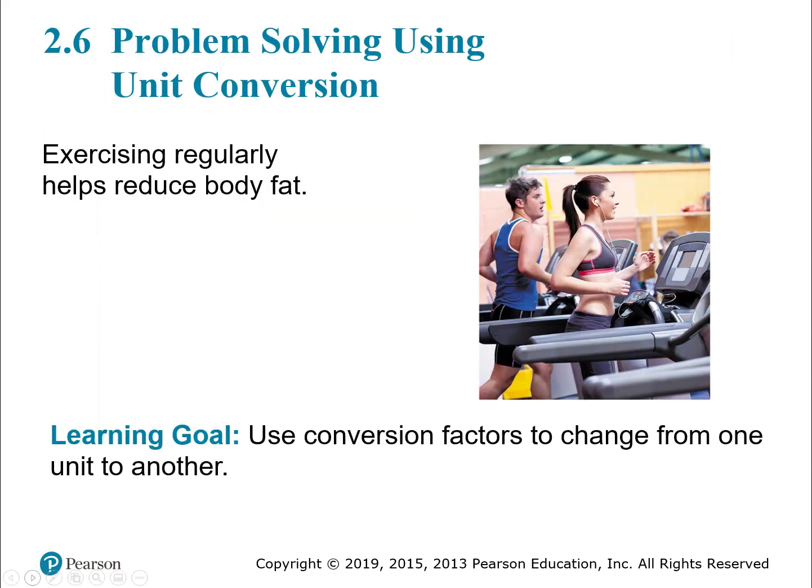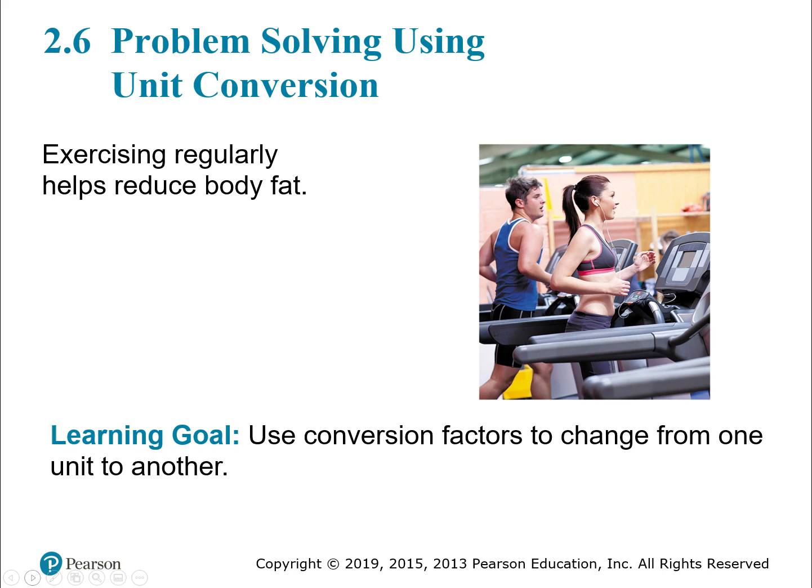Here we go. The first part that we're going to cover is problem solving using unit conversions. So we talked about equalities and writing conversion factors from those equalities in section 2.5. So again, you need it.